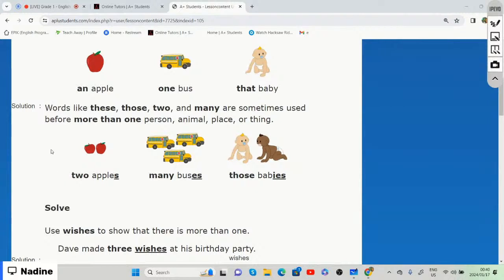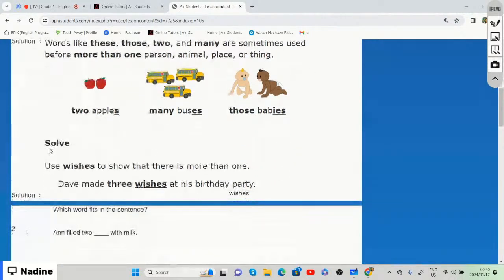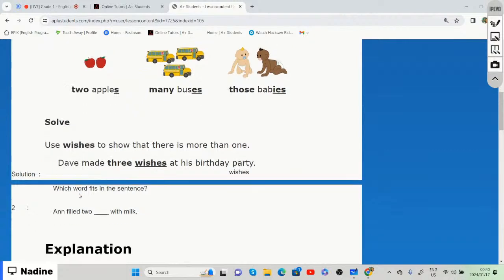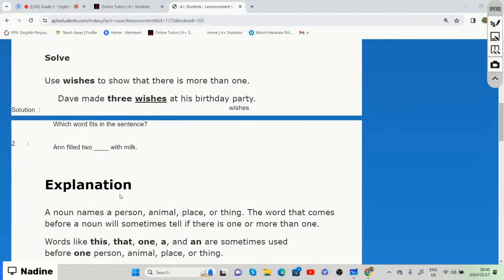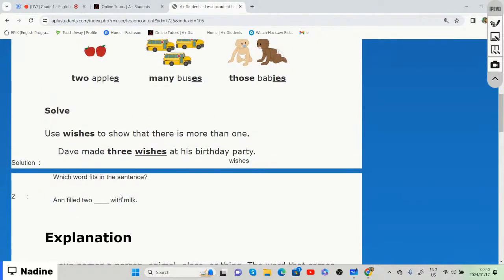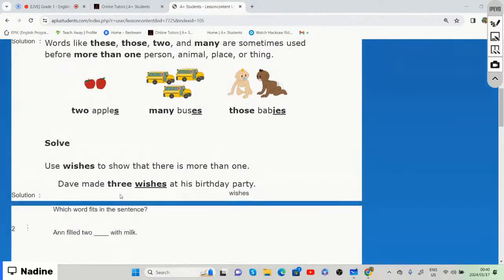So three wishes is at the party. So we say that wishes is there so that there can be more than one.